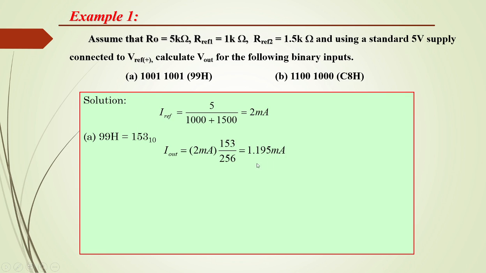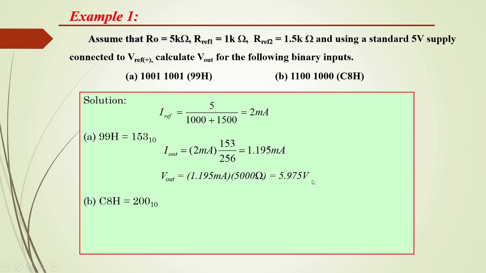So we get the I out for this input as 1.195 milliampere. Now we convert this I out into V out. V out equals I out into R out, where I out is 1.195 milliampere and R out is 5 kilo ohm, that is 5000 ohm. So we get the V out for this first digital input as 5.975 volt.